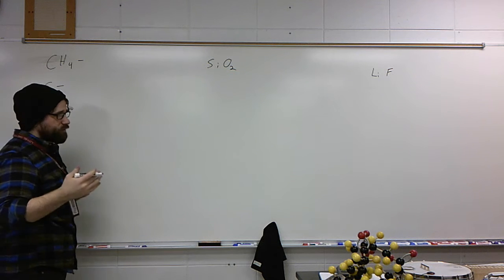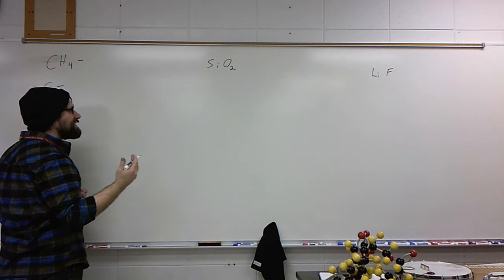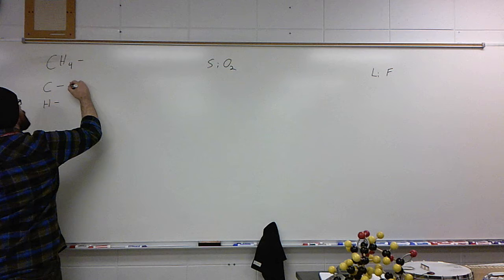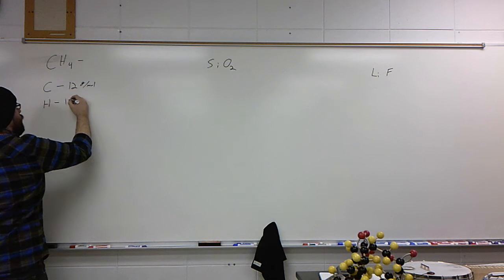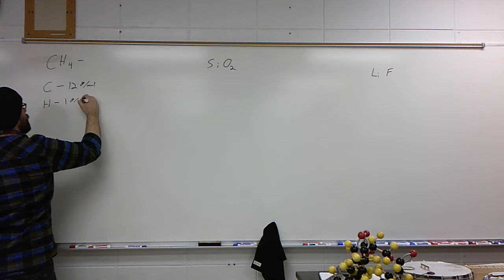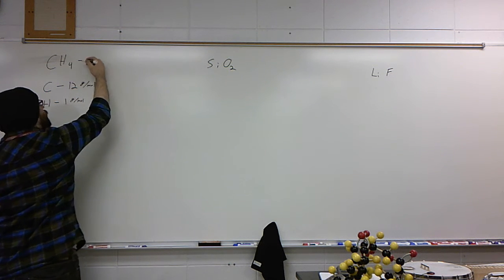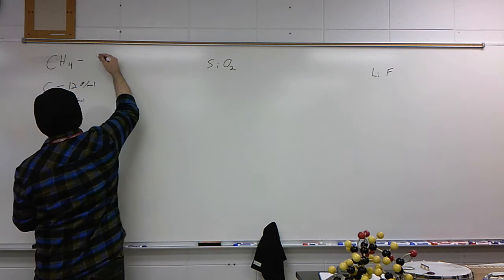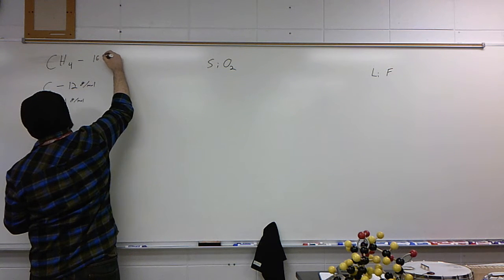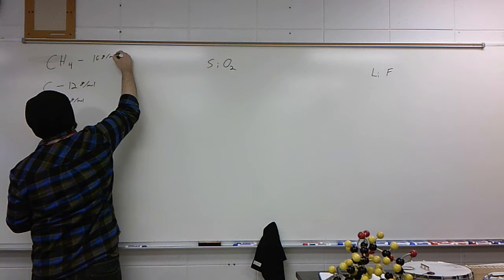Carbon should be almost instinctive at this point: 12 grams per mole. Hydrogen is 1 gram per mole. CH4 has 4 hydrogens, 1 carbon. We've already done this, so we should be able to figure it out. It should be 16 grams per mole.